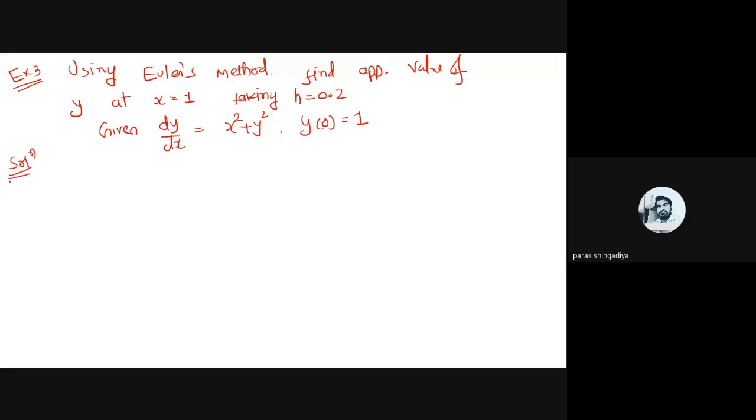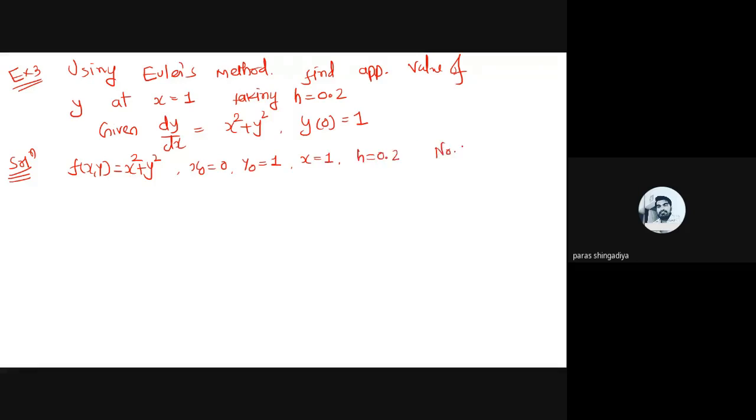So first collect all the data. Here f(x,y) is equal to x square plus y square. x0 is equal to 0, y0 is equal to 1. Then x is equal to 1 also, and h is equal to 0.2.